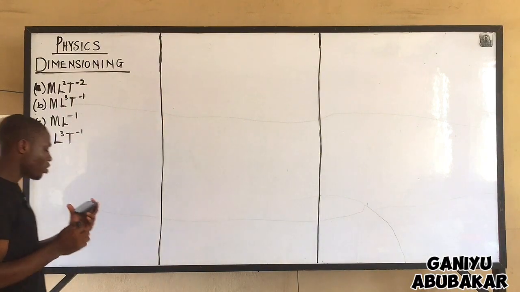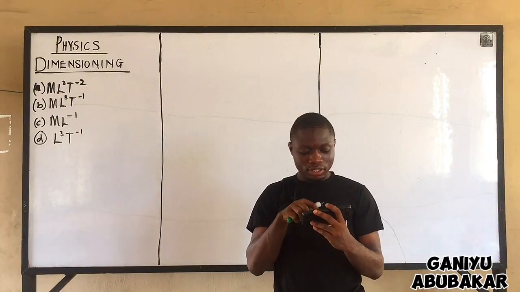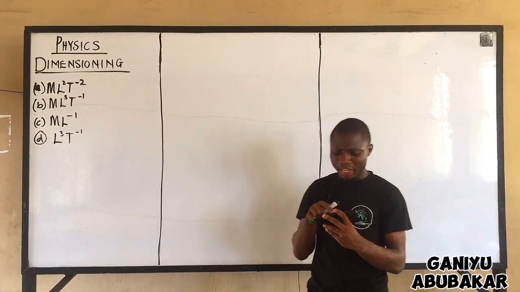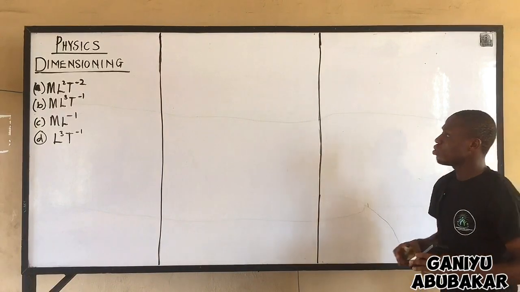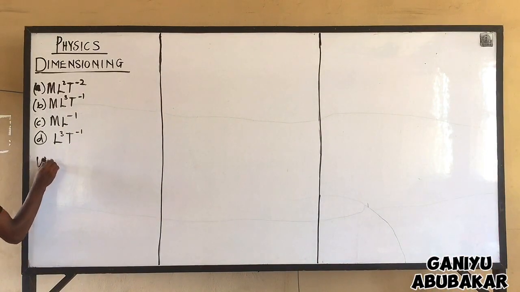The question says the dimension for work done is dash. So let's get this done, please. What's work done?